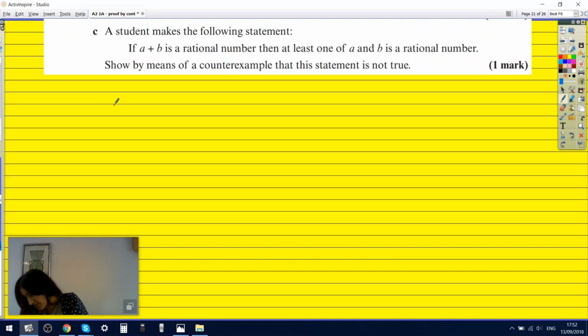So pi is irrational because it can't be written as an integer over an integer. Surds are irrational, like square root of 2, square root of 3. So for a counterexample, we need to think of two irrational numbers that make a rational number.